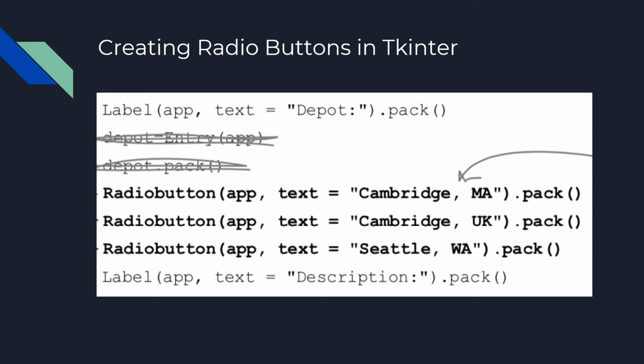We're going to erase these 2 lines and replace them with 3 radio button lines: Radiobutton(app, text=Cambridge, MA).pack(), Radiobutton(app, text=Cambridge, UK).pack(), Radiobutton(app, text=Seattle, Washington).pack(). These 3 lines replace the 2 lines that have been erased.